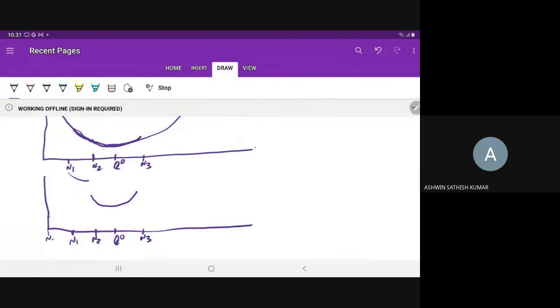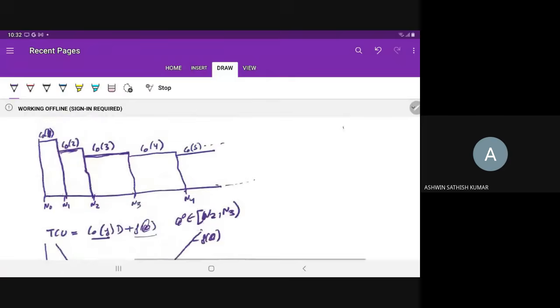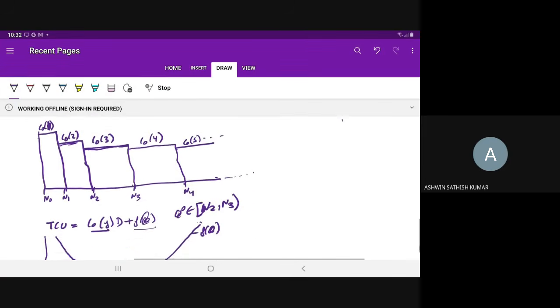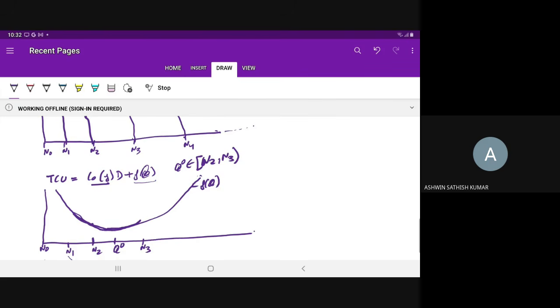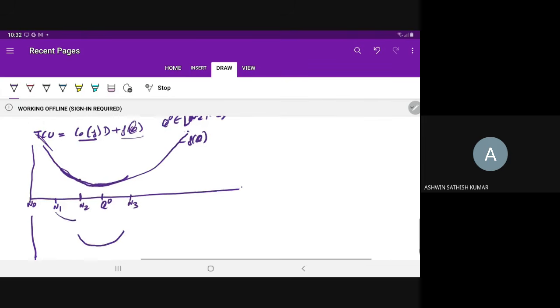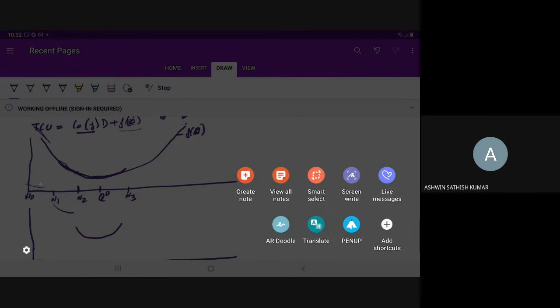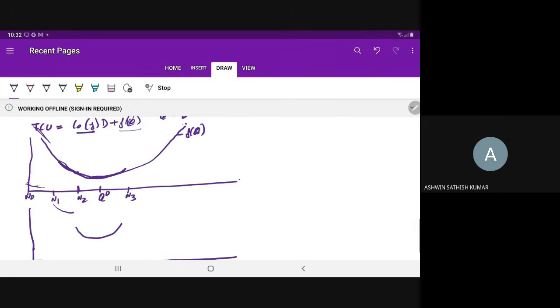In the N0 to N1, what is the shape? C0 1 into D is constant, and FQ is decreasing. So here the shape will be decreasing, right?